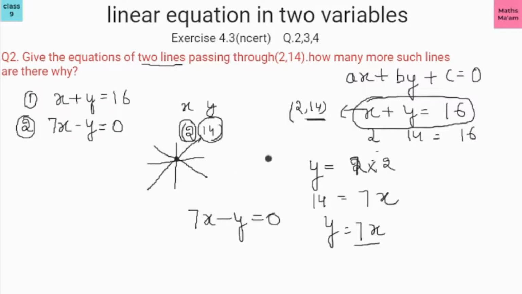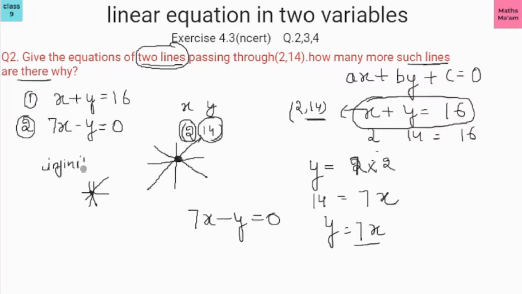Okay, so you understood how we have to write two lines. These are the two lines of equation. Next part says how many more such lines can pass there. So इस point से कितनी और line pass हो सकती है? एक point से तो infinite line pass हो सकती है. There is no definite number.